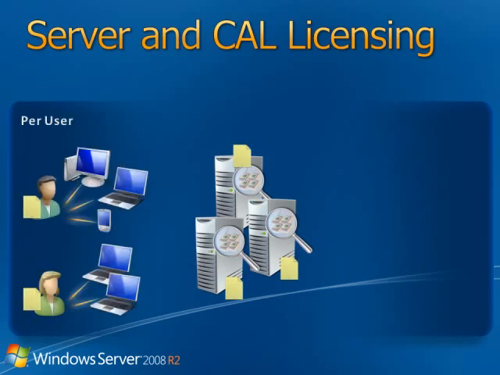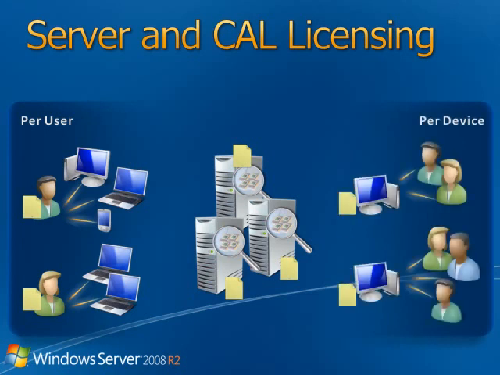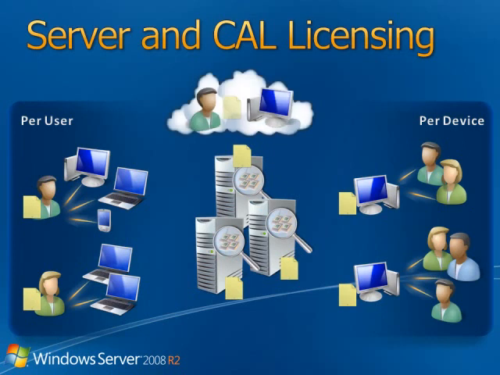Then for our users who are accessing the services of that server, for the users that are using multiple devices, we would buy them a Windows Server User CAL. And for the machines that are being used by lots of users, we would purchase a Windows Server Device CAL. Again, if we have non-employees of the organisation accessing the services of our server, we would also purchase them Windows Server CALs. So that's really the normal server CAL licensing model.